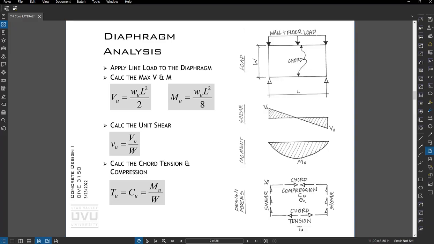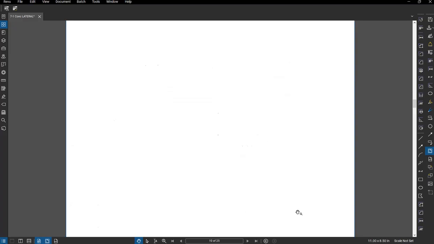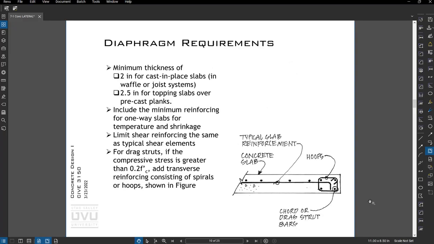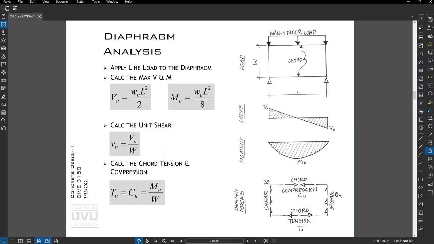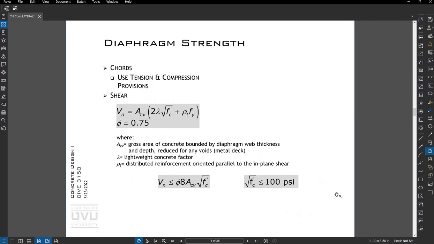And then we can size the unit shear of the concrete here. And then for tension and compression, we may have something like this where we put some extra rebar in the boundary near the edge. And if the stresses are high enough, greater than 0.2 f'c, we'll put hoops in. Anyway, hopefully that's a helpful introduction, and then there's a shear equation for it and some limits.